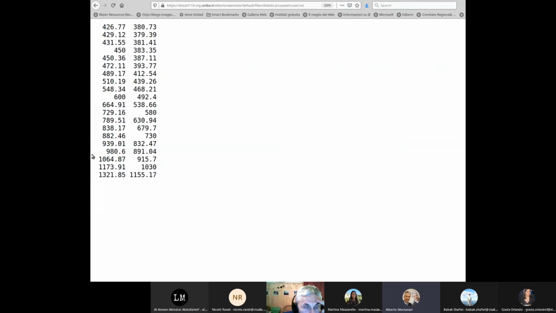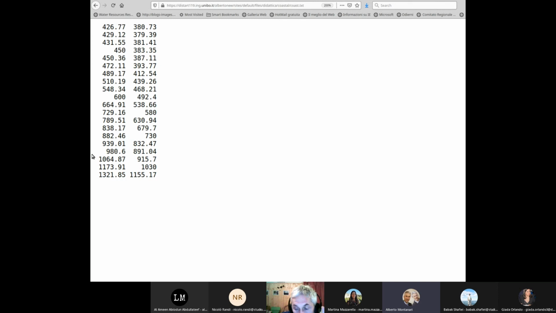So first of all, let's note, when I clicked on the file, what I'm getting is a text file. I guess that you already know what a text file is, as opposed, for instance, to a Word file or an Excel file.